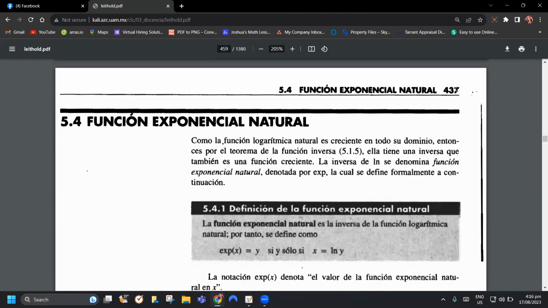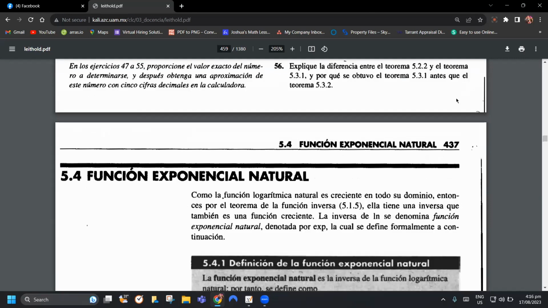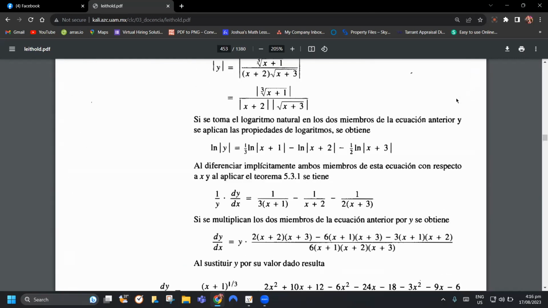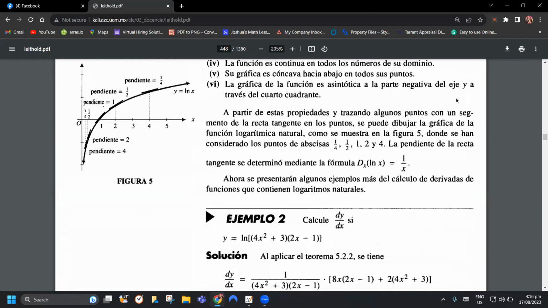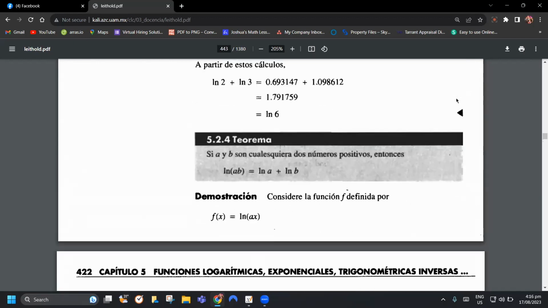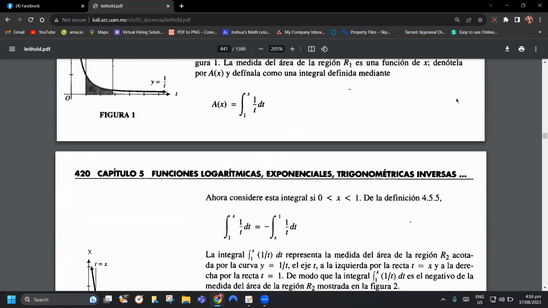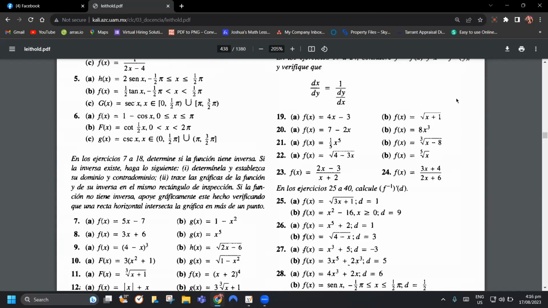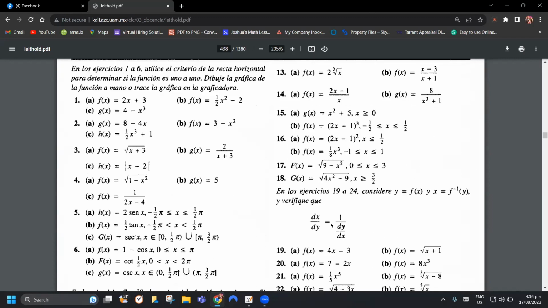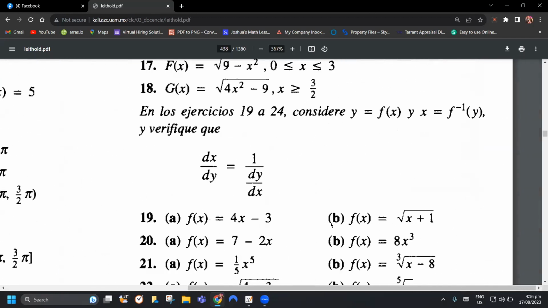Teka, yan yung English, diba? So, section 5.1. So, sorry. Iba yung pagination niya. So, section 5.1, number 19.